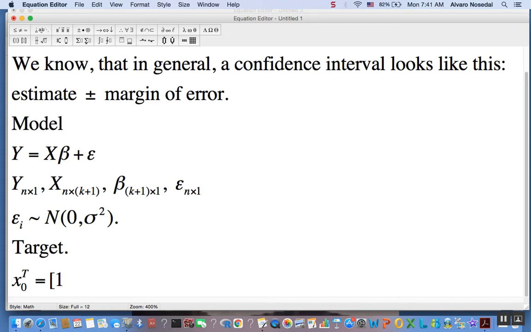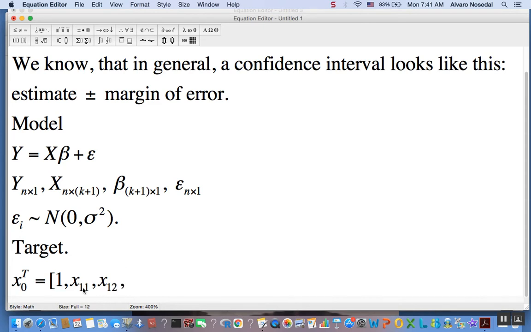It will be 1, comma, x01, comma, x02, and so on.